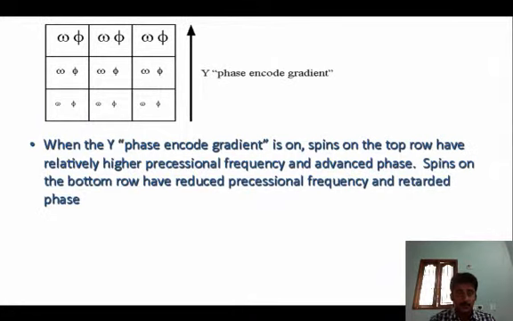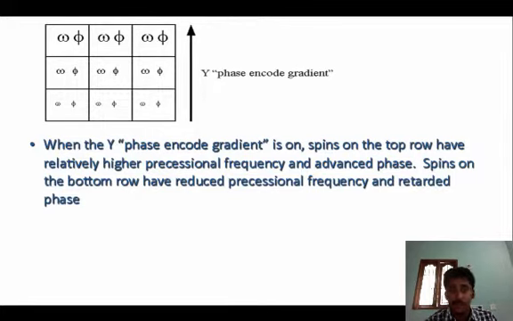Let us consider a gradient along the direction of y. In the upper positive y portion, the magnetic field is high, hence it shows a high phase encode gradient. That means high phase or high frequency. So we can control the phase as well as the frequency.